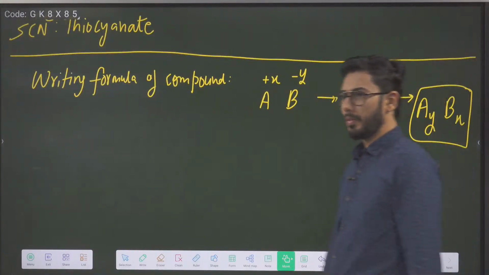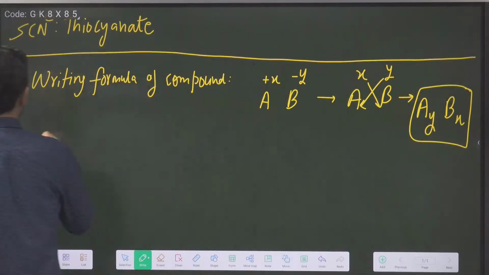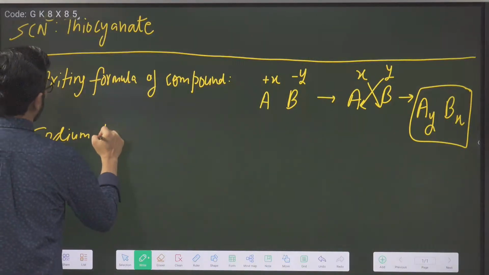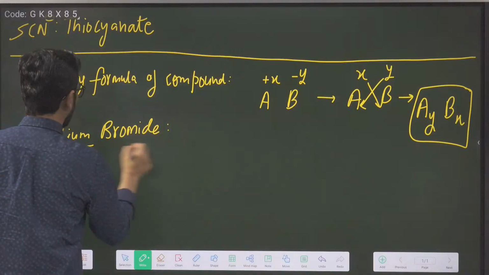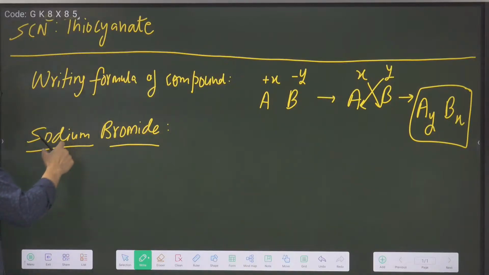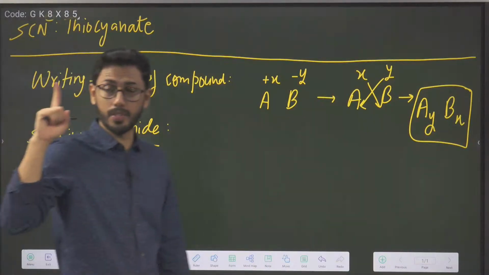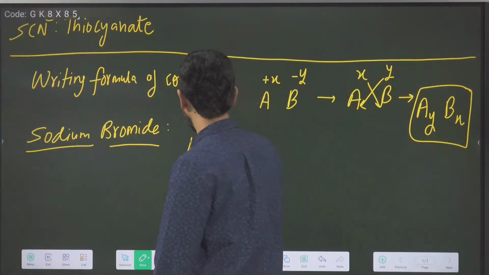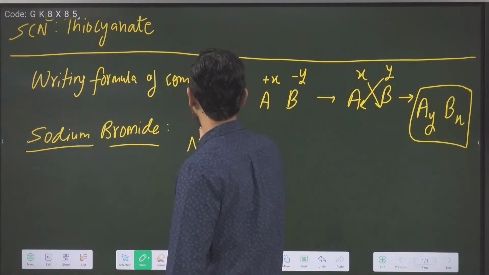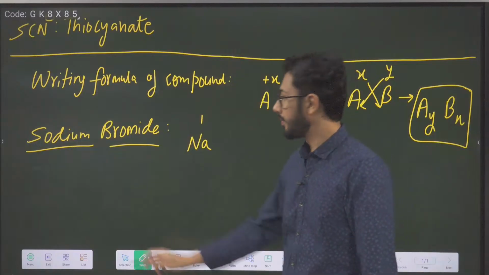Let's take a simple example. Suppose it is sodium bromide. By this time we have learned cations and anions. Sodium is the first case in cations, having only one type of oxidation state. So which charge is above sodium?